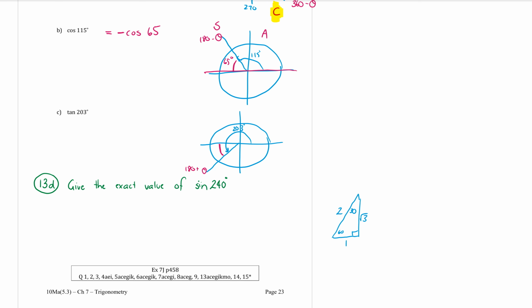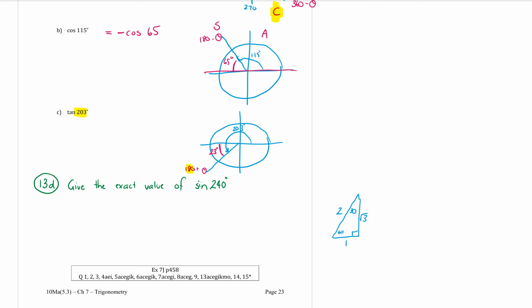So this is what we call the 180 degree plus theta quadrant. So what I need to do is take that 203 degrees, subtract off that 180 so that I can find that acute angle in there. 203 minus 180 gives me 23 degrees.